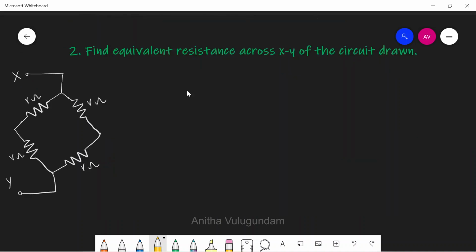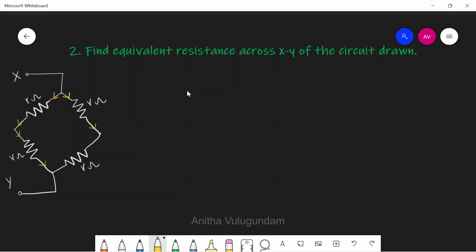Second problem. Find equivalent resistance across XY of the circuit drawn. You can see here we have 4 resistances, each of R ohm. If you observe the circuit, here you can see current gets divided here, whereas the same current flows in this branch.